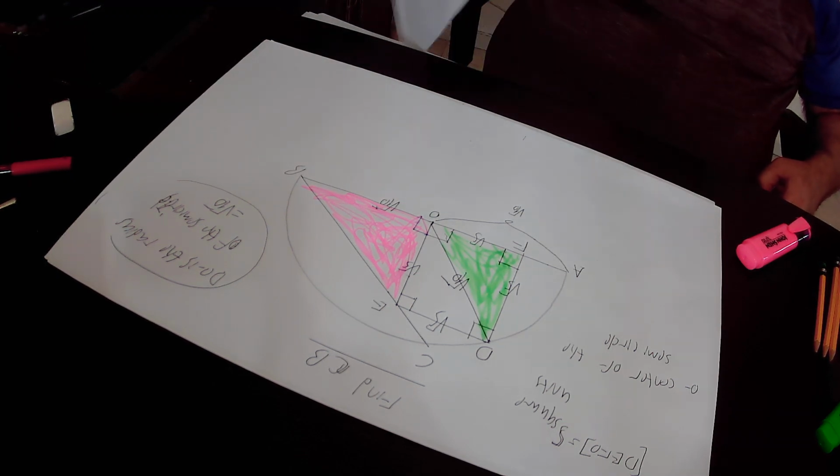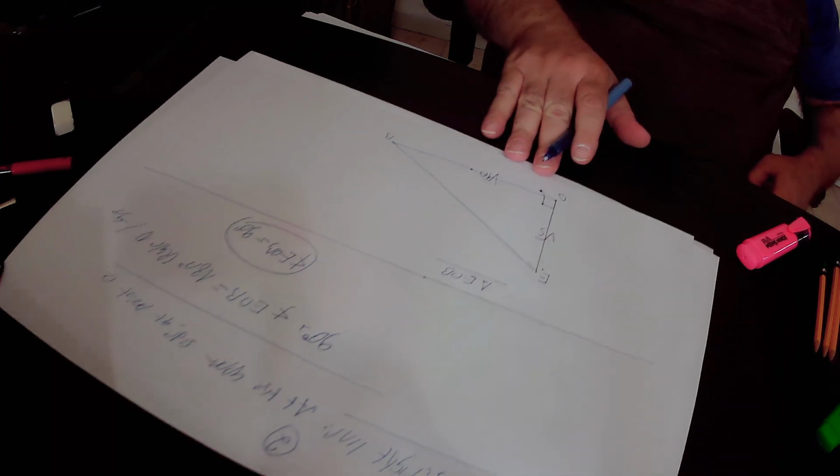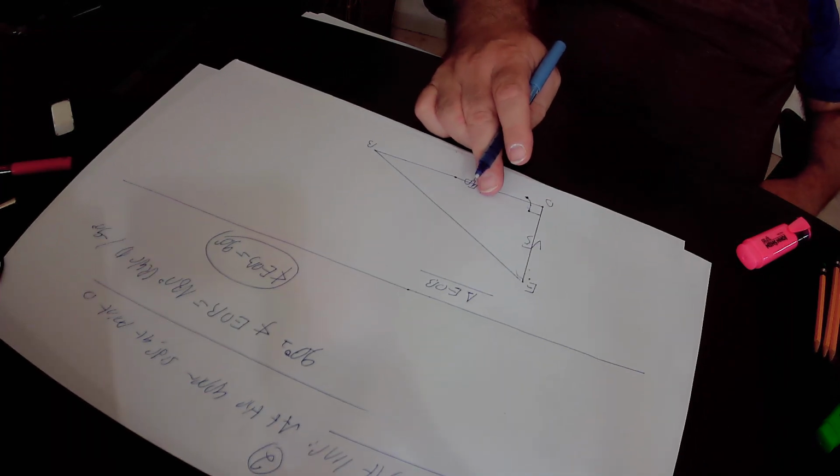So this is triangle EOB that I copied from the original drawing.